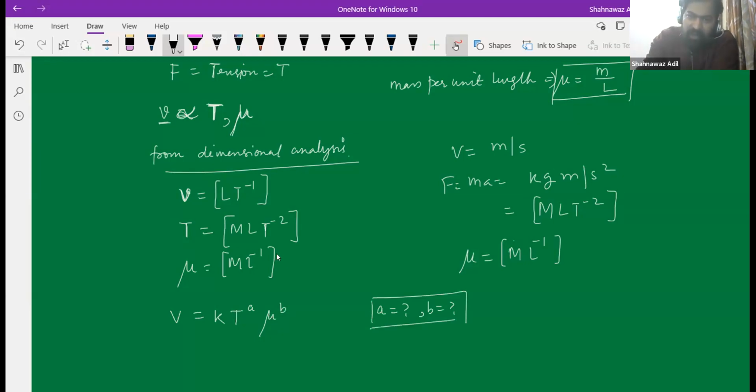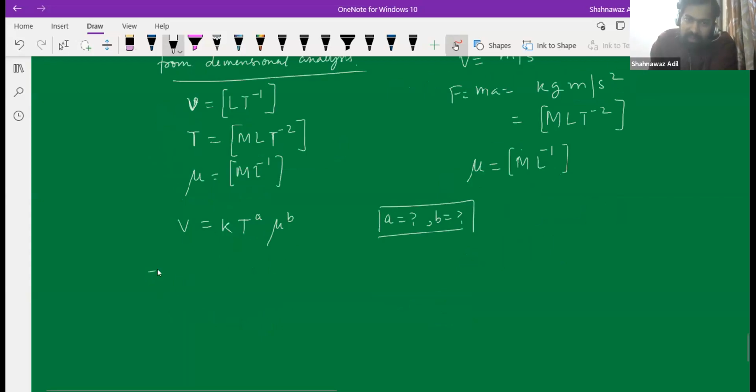So we'll put the dimension of velocity, that is L T minus 1. Let us forget about this K for now; it comes from the experiment, and we'll talk about that later.